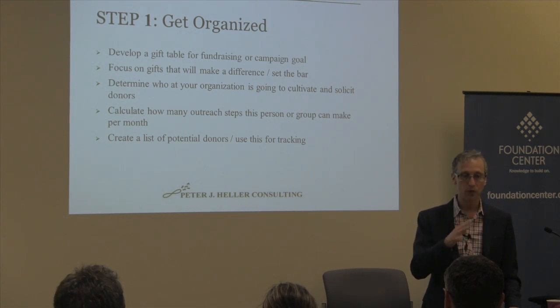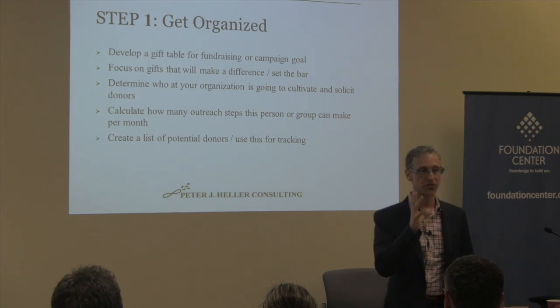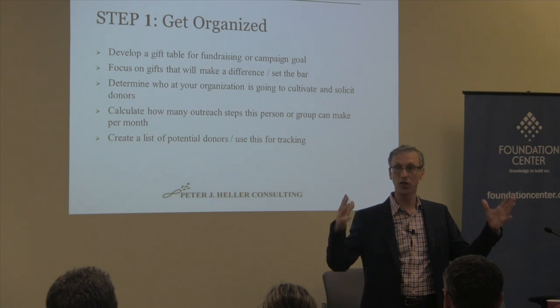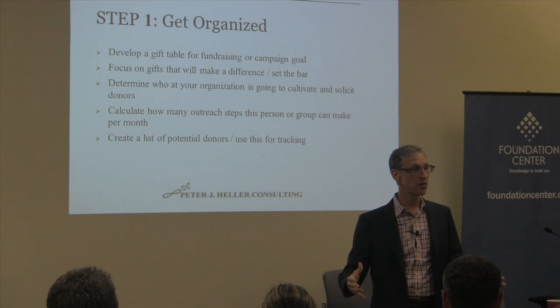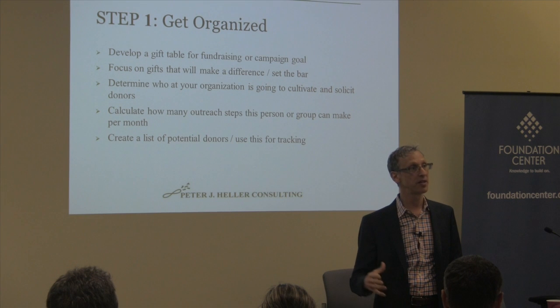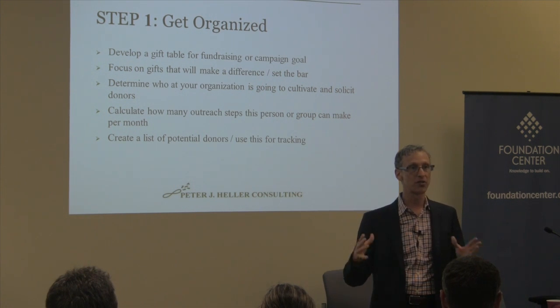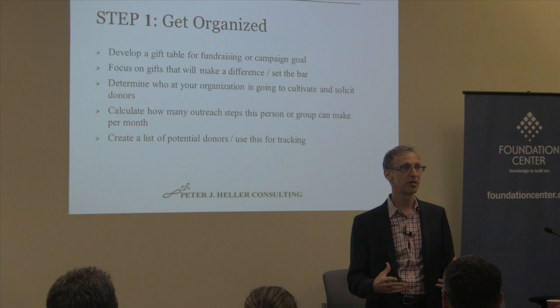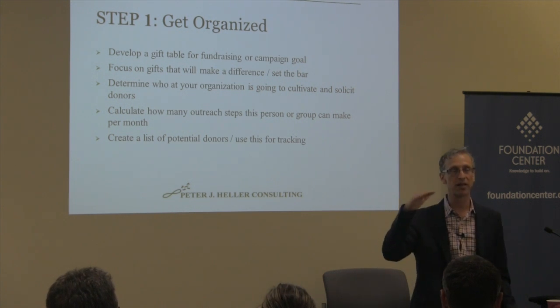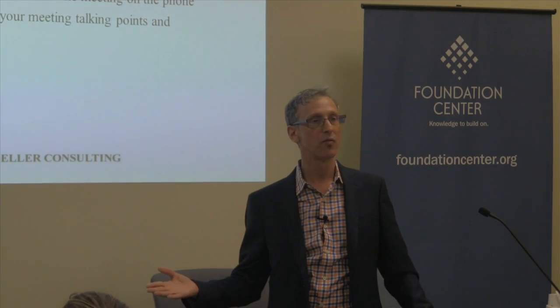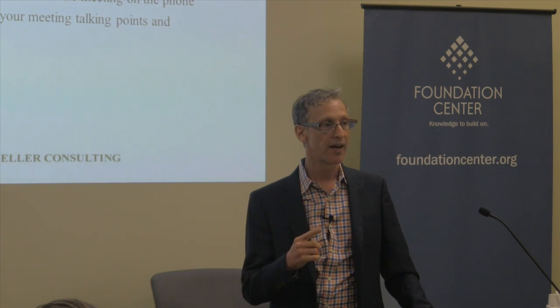I advise everybody, whether you're using it for a single year, like, okay, we need to raise $100,000 this year, or you're doing a multi-year capital campaign, we need to raise $2 million. It's a great tool to get everybody on the same page about how much money and sort of speculate on the level of gifts.